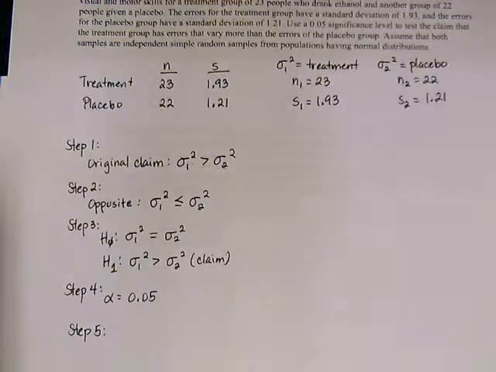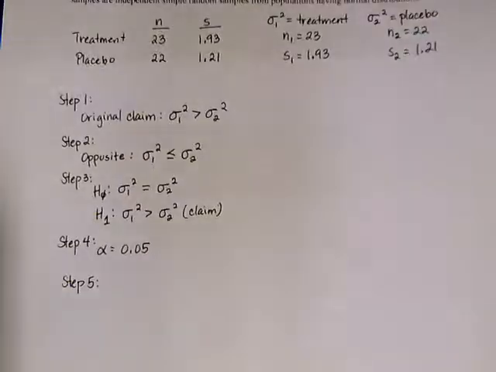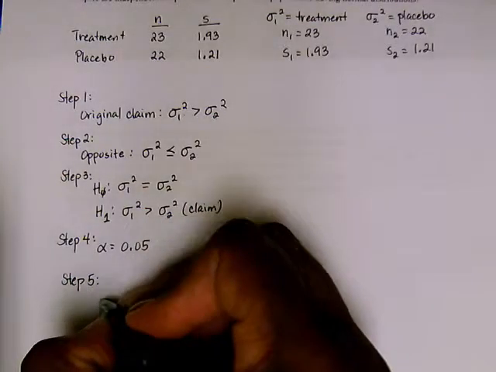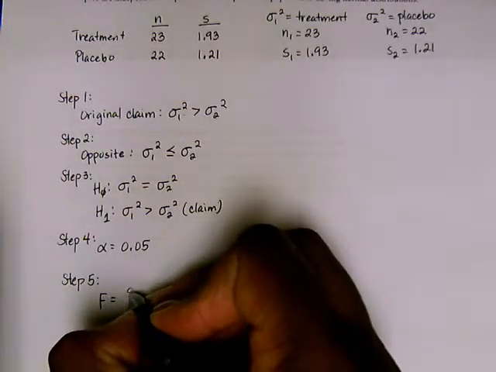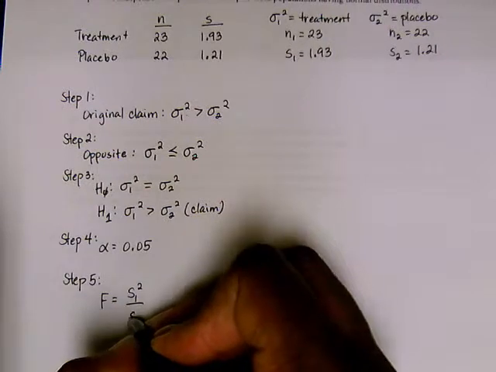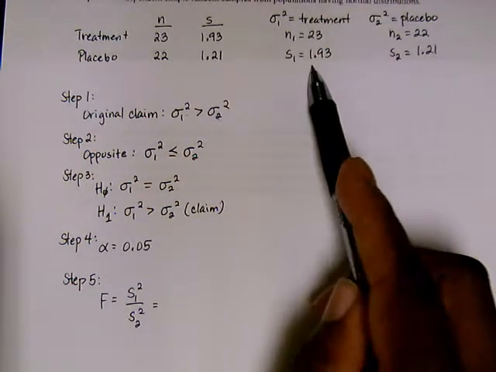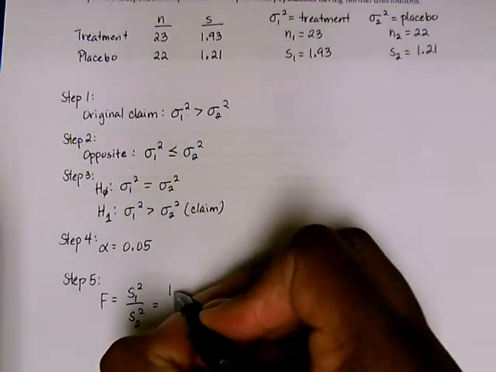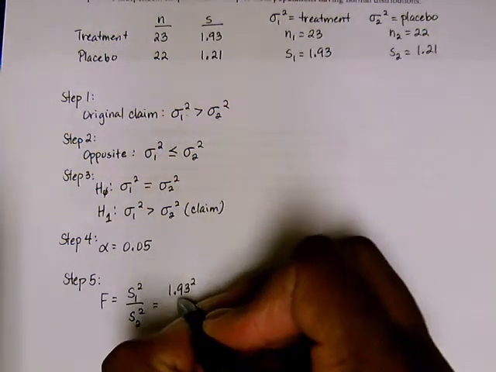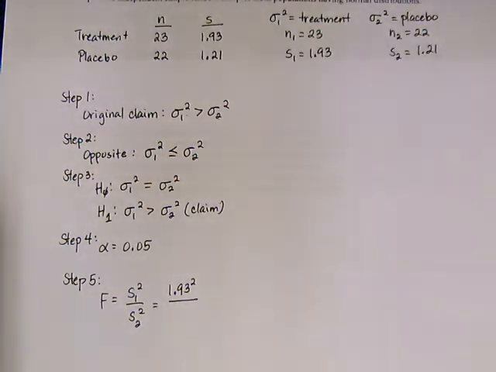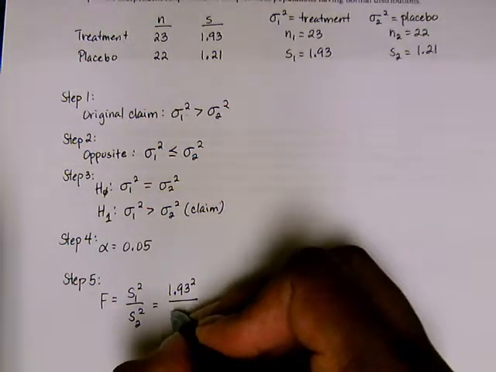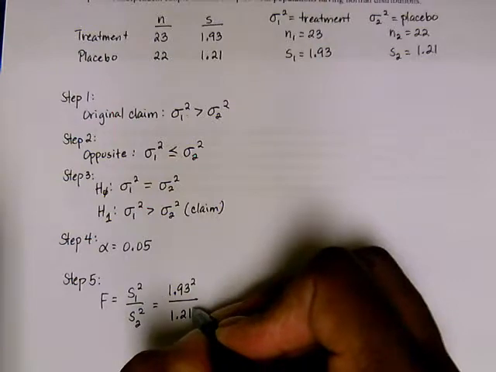And then step number 5 is calculating the test statistic. So here we're going to be using F is equal to S1 squared divided by S2 squared. Now here S1 is 1.93, so that would be 1.93 squared. We're using the larger of the two standard deviations here. And then the smaller of the two standard deviations will be your denominator.